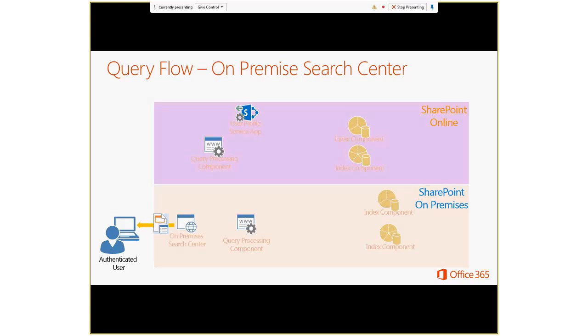But remember, the user still needs to be present in the SharePoint Online environment. So let's look into each of these components and see how we configure some of them, and how the user identity plays a key role before the user gets to see the results returned in the on-premises result block.